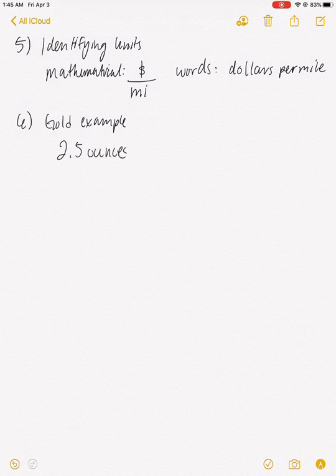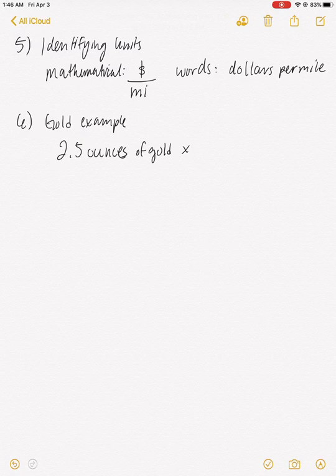We're taking 2.5 ounces of gold, and we're going to multiply it by $1,200 per ounce. We need to arrange the $1,200 and the ounce in a way, because it can be either way, whichever one is the numerator or denominator, so that the units cancel.